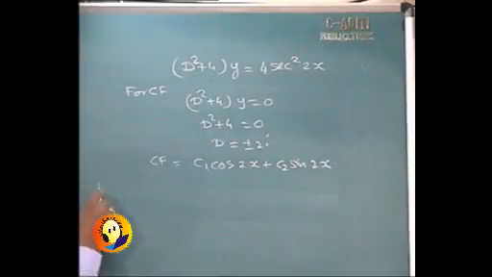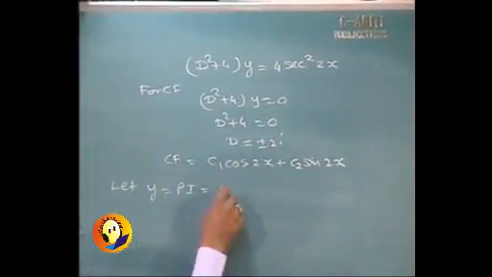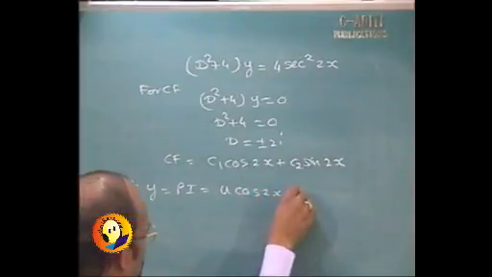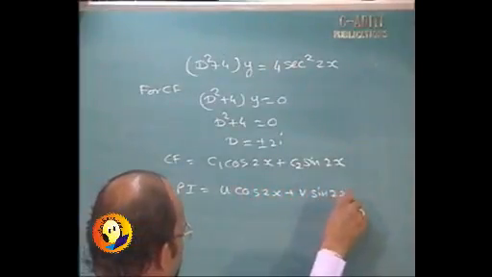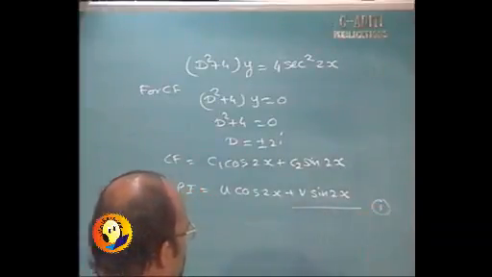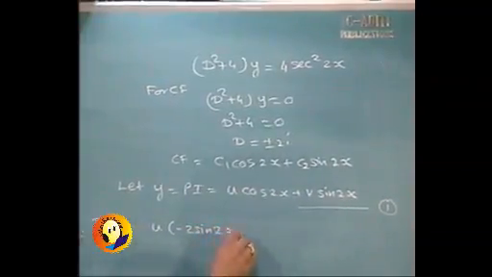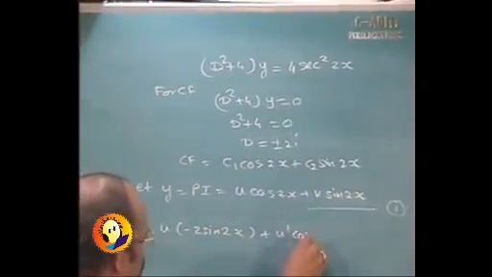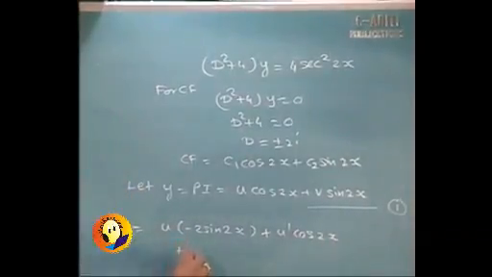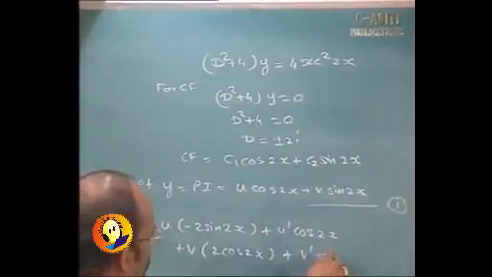We go with our first assumption, let y equal to PI equal to u cos 2x plus v sin 2x, replacing the arbitrary constants by functions of x. Equation number 1. From this, find out dy, that is differentiated. So it is u into minus 2 sin 2x plus u dash cos 2x plus v into 2 cos 2x plus v dash sin 2x.